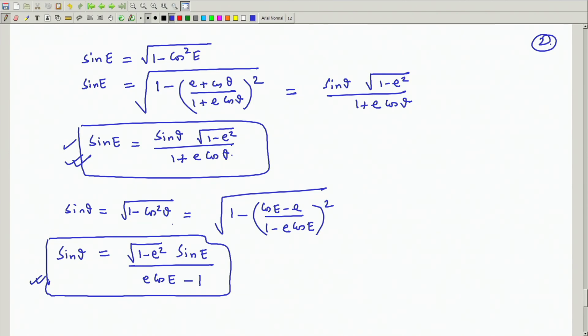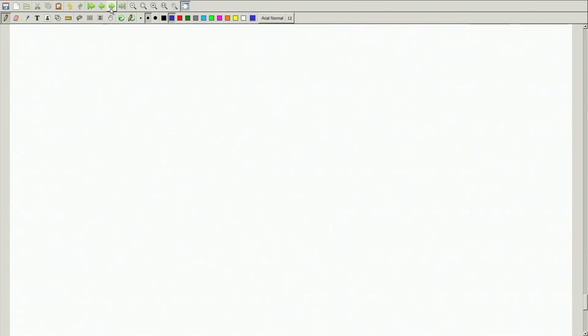Okay. Next we have the case of hyperbola. Hyperbolic orbit. For this we want to derive Kepler's equation.